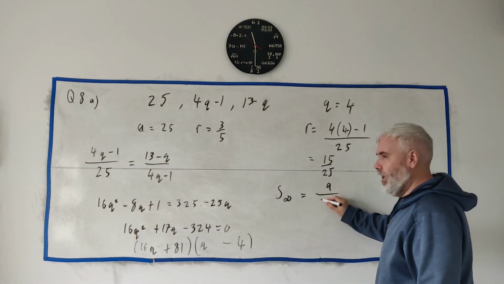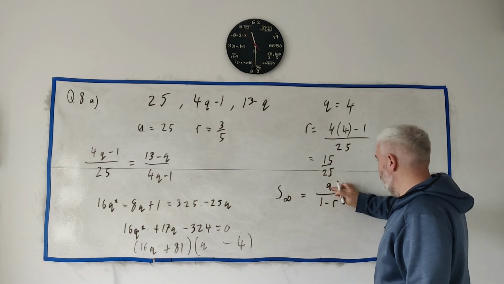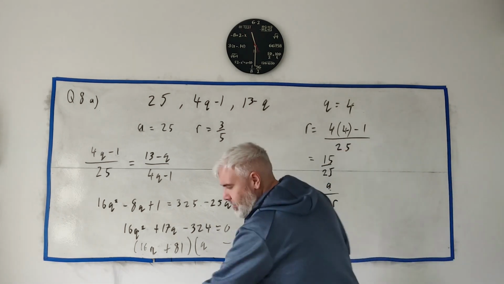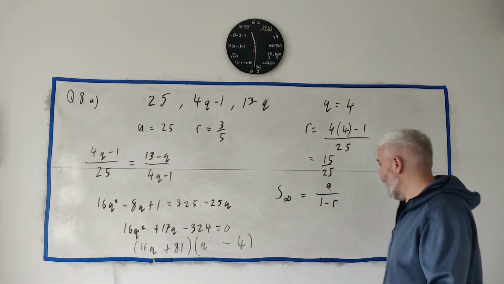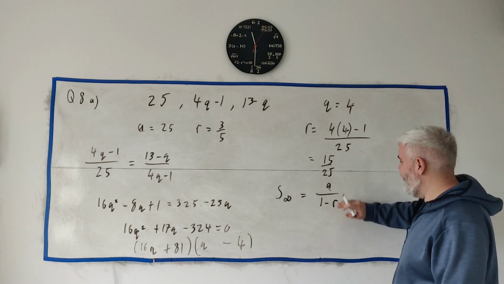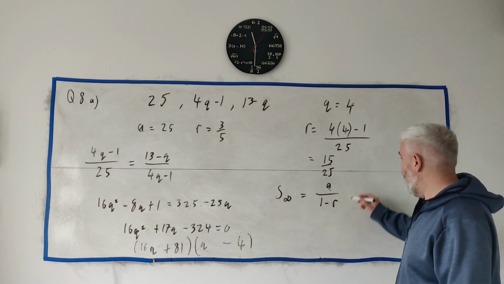That's a divided by 1 minus r, I believe. I might have mixed that up. You know what, I'll edit it out if I'm wrong, so you won't know if I'm wrong or not. So the sum to infinity is a divided by 1 minus r, and we just fill them in.